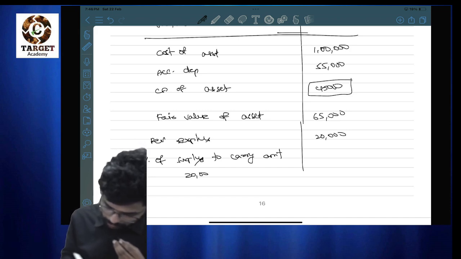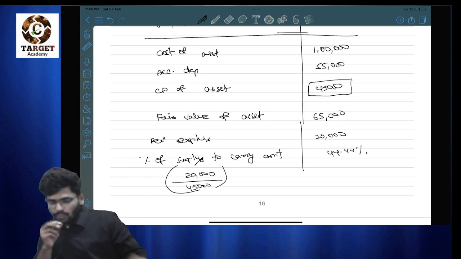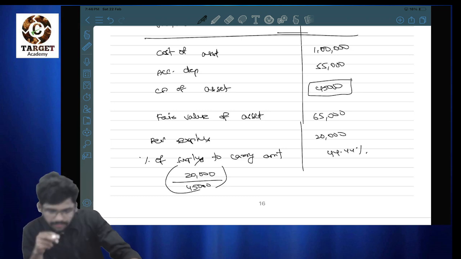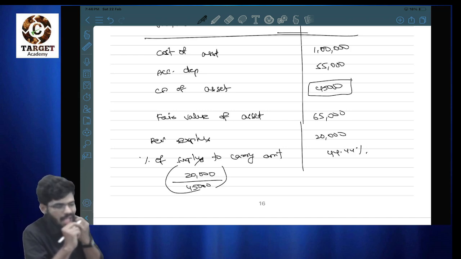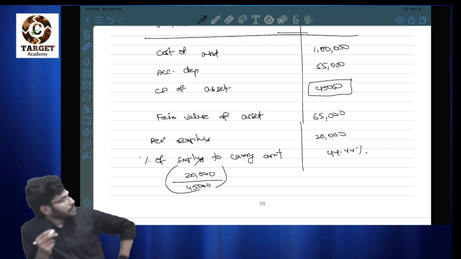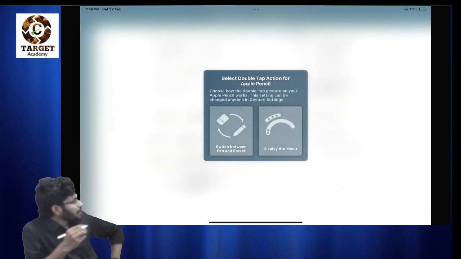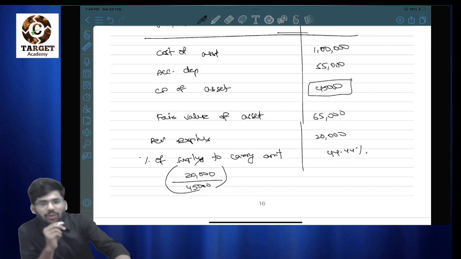Calculation. 44.44%. So the surplus amount increased by 44.44%. Correct or not? Yes.